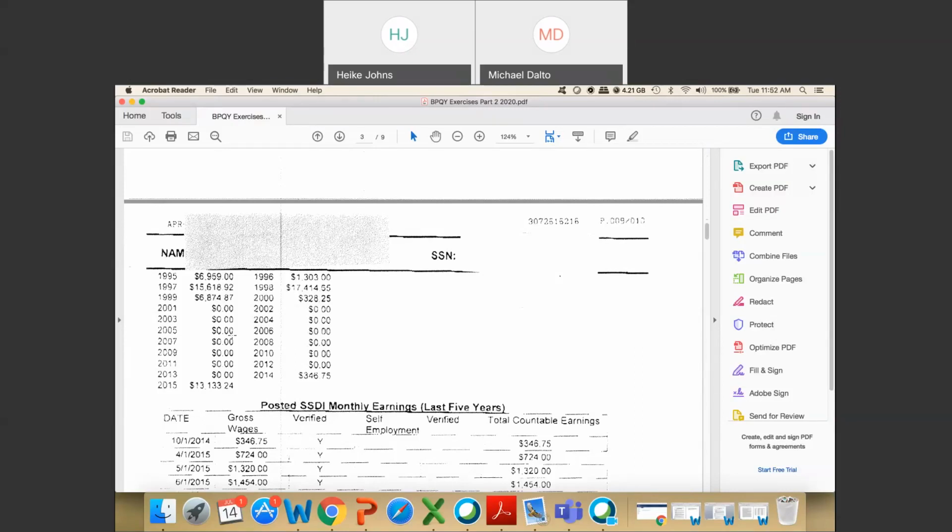Now, step 7 on the tools directs us to ask the person if they had earnings within 12 months after the date of disability onset that don't appear on the BPQY. This person tells us no, and that confirms that they do not appear to have done SGA within 12 months of onset, and there's no issue.